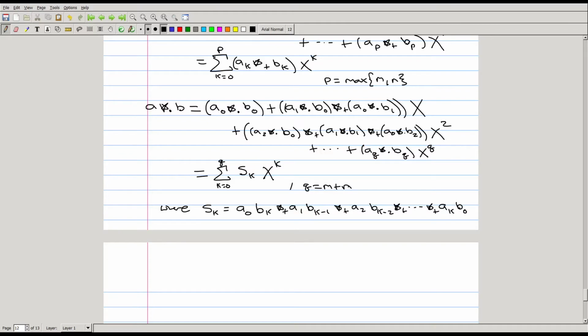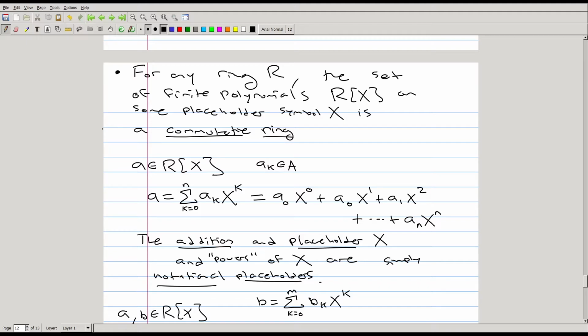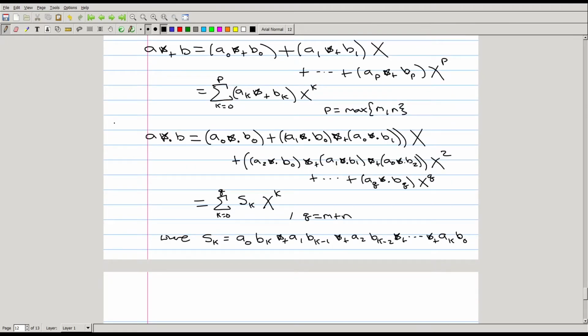But this is a very interesting object, and it's an object that you may not have seen or known about. The idea here is that you can consider for any ring this set, which is quite a set of objects, which is very amazing.